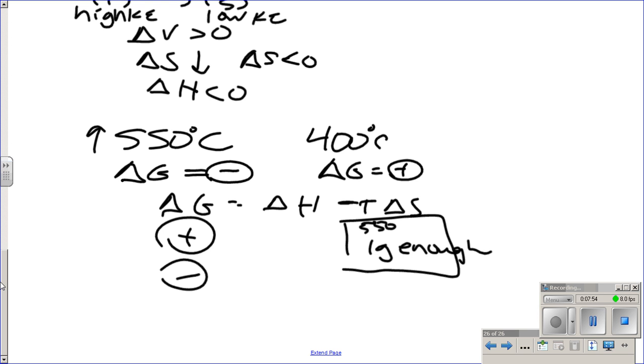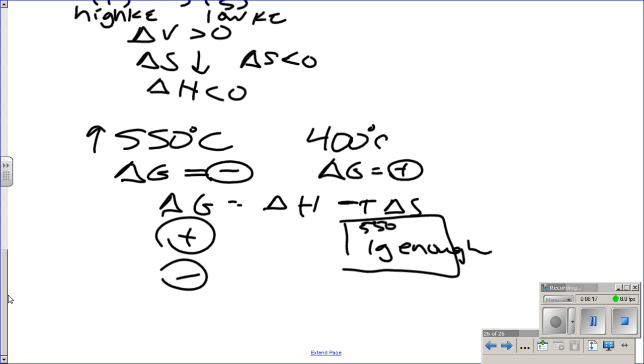So when it's the 550 version, it's so large, it's going to be something minus a large number to be negative. So what did you guys say for this one? Positive, positive, positive? Yeah, those ones. It was A? Mm-hmm. Yeah, okay.